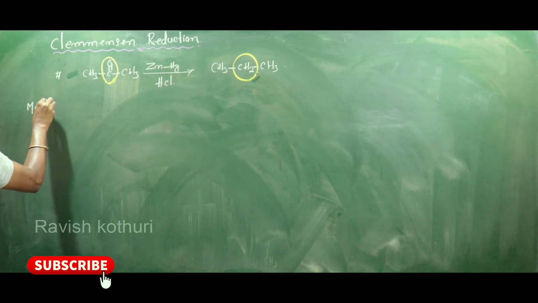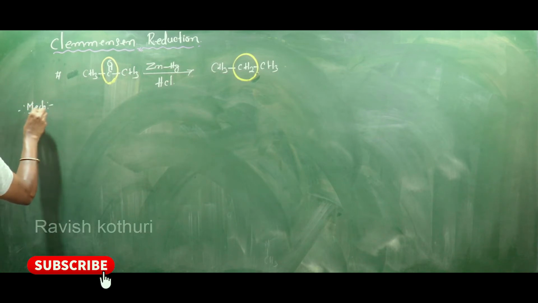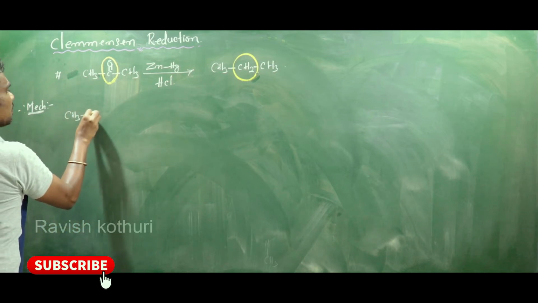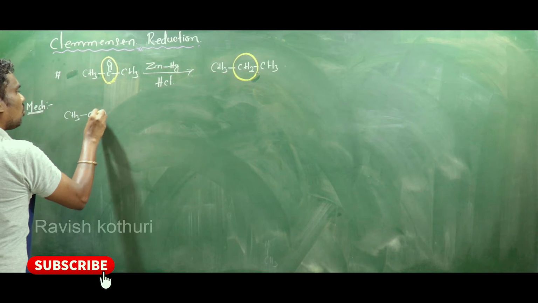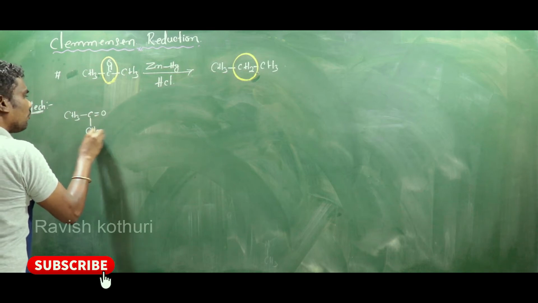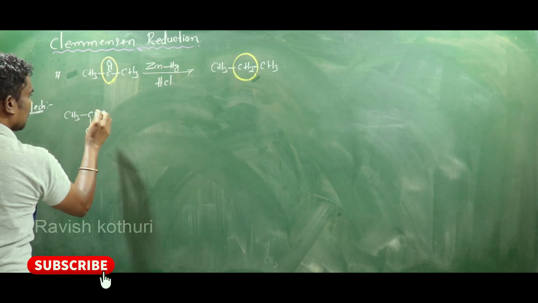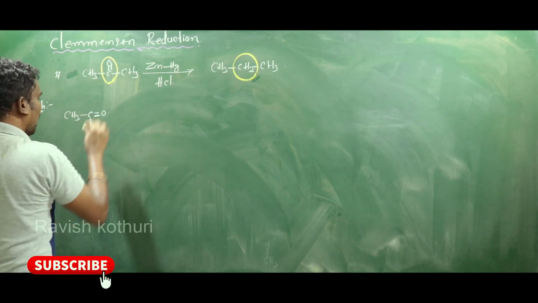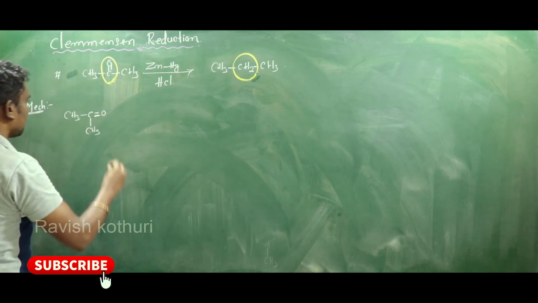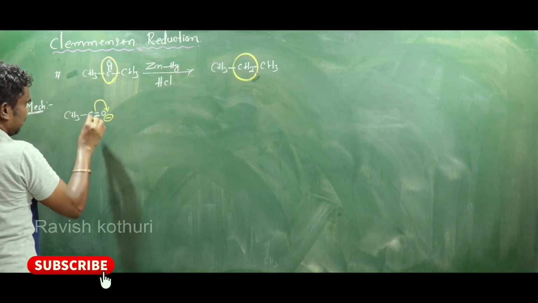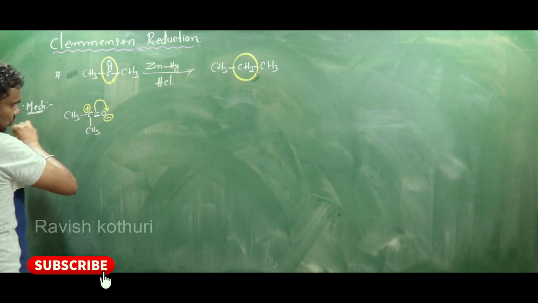MEC stands for mechanism, right? First of all, CH3, C double bond O, CH3. For our convenience I have written like this, right? Now, what happens? See my dears, heterolytic cleavage takes place, oxygen gets negative charge, carbon gets positive charge.